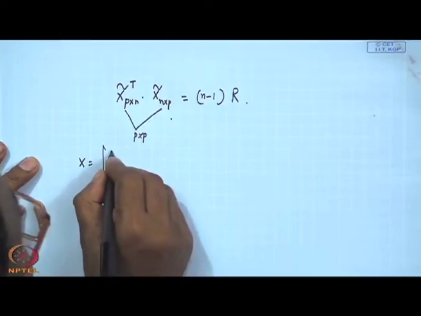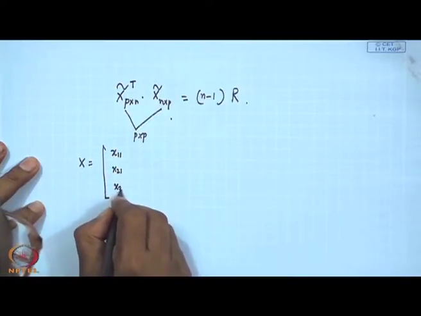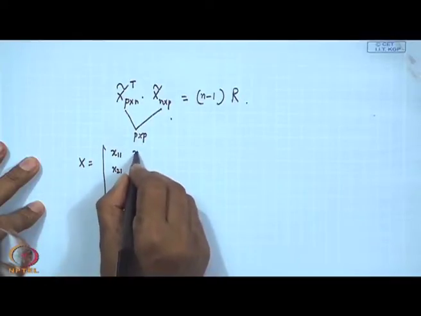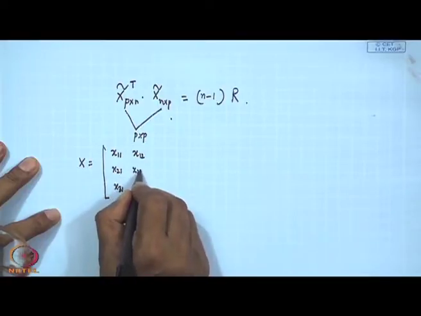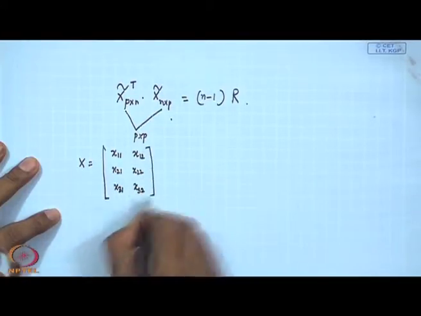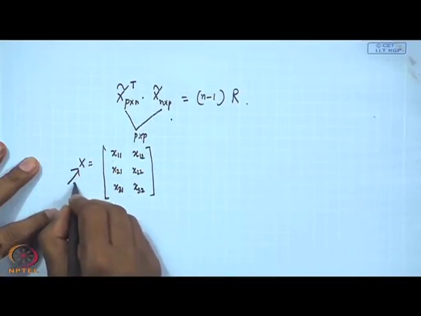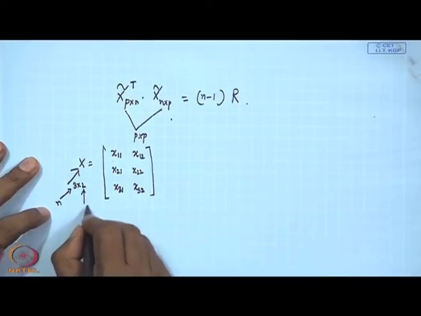I will take only 3 values, x11, x21, x31. Then the second variable, x12, x22 and x32. So, in this case the data matrix is 3 cross 2, where n is 3 and p is 2.